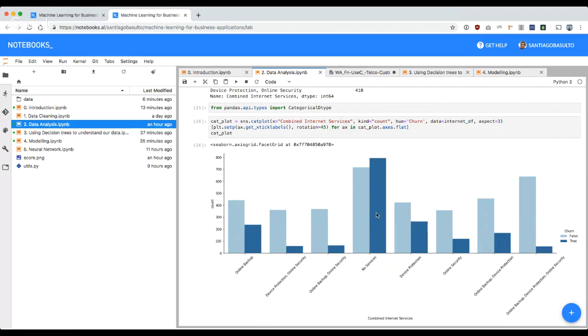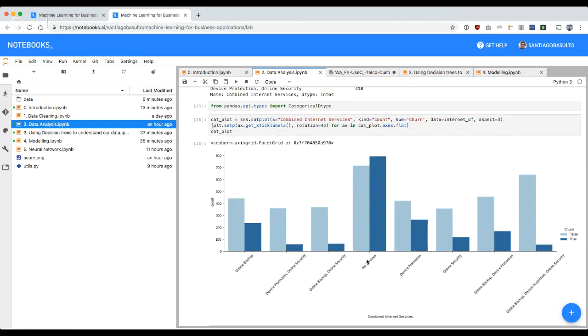So a lot of churn above the no churn is even worse than if they would be, of course, balanced. So in this case, again, we see that if someone doesn't get multiple services from our company, they will tend to leave early, and they will be accounted as churn. So we have to generate some sort of dependency to our services, because those customers that have three services, that have backups, device protection, and line security, they tend to stay loyal the longer.